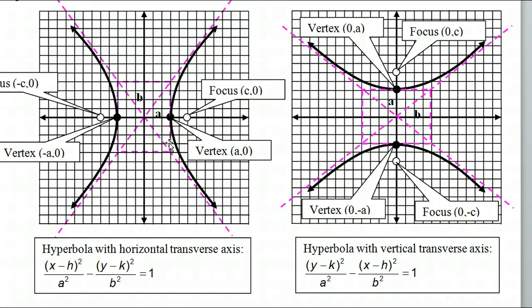Now, we need to decide if it's going to open sideways or up and down. The way you know is if the x term is the positive one, then it's going to be sideways. It'll open in the x direction. If the y term is the positive one, out front like this, then it's going to open in the y direction, up and down.